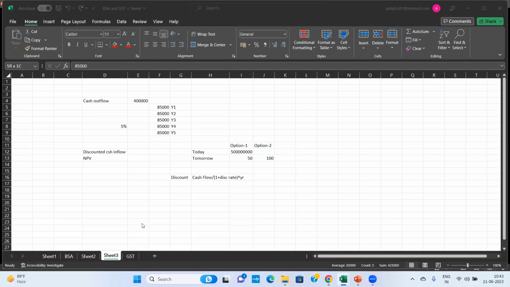Yes, present value for the whole cash flow year 1 to year 5, and then the net present value. Ishwan, don't use the Excel formula.